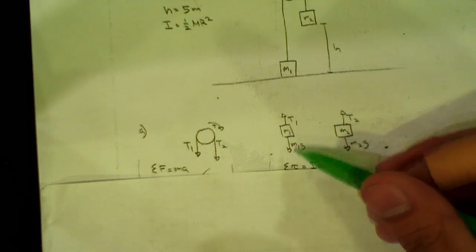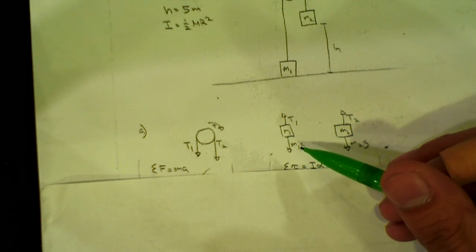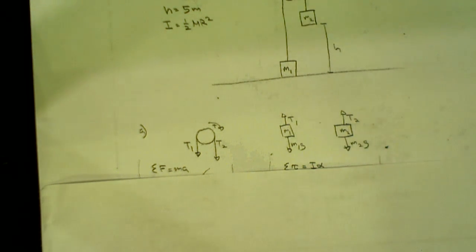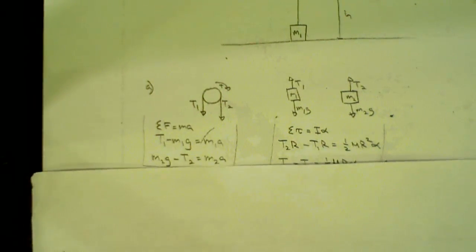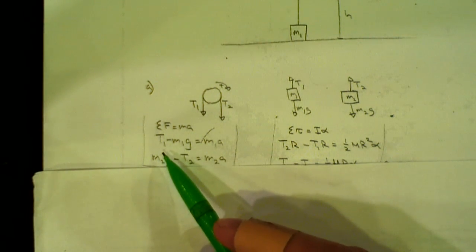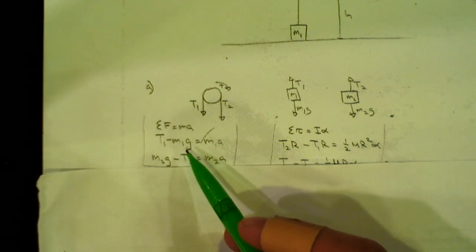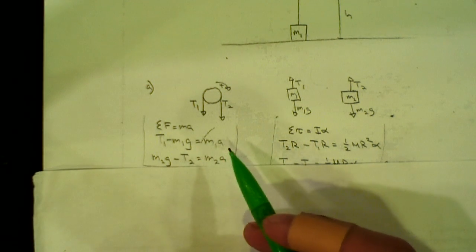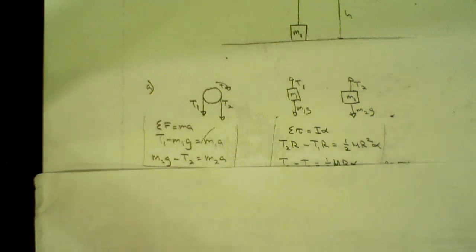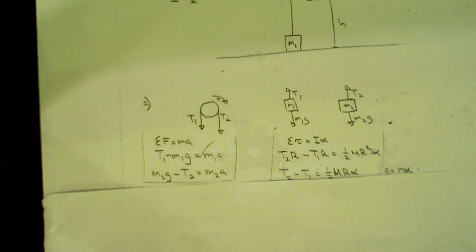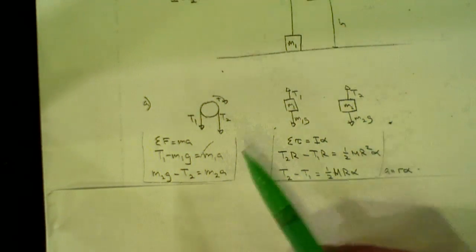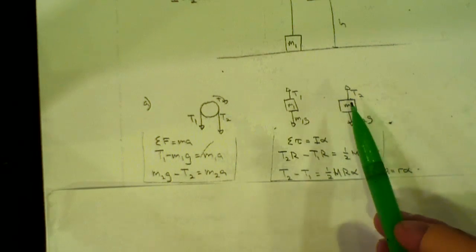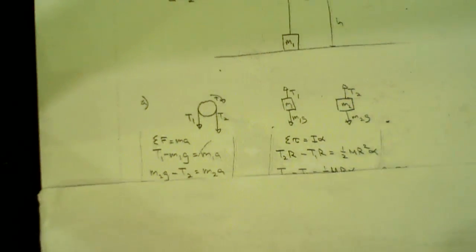And then we have the weight of mass 1 acting downward, so that's going to be a negative force. So then we get T1 minus the weight of mass 1 is equal to mass 1 times the linear acceleration.